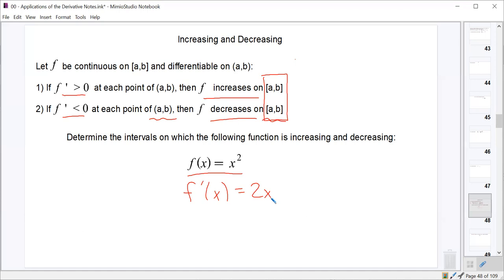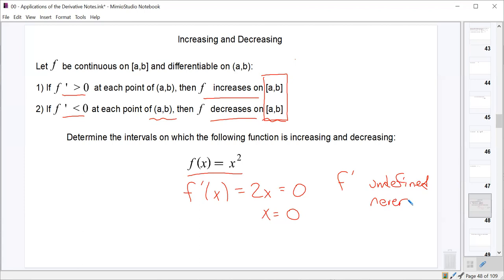Well, we've already talked about the only way for a function to have a local max or a local min is if its derivative is equal to 0 or if its derivative is undefined. So in this case, x equals 0 is a critical value, and we know that f prime is undefined at no values. That's never true. So we only have one critical value at x equals 0.